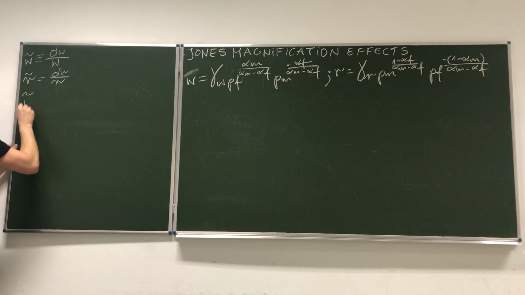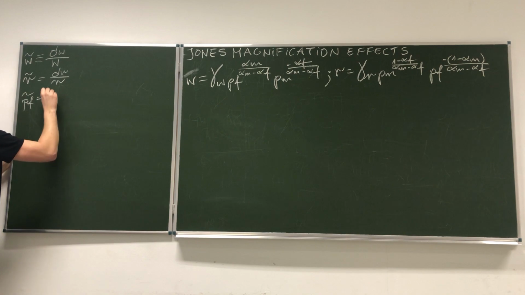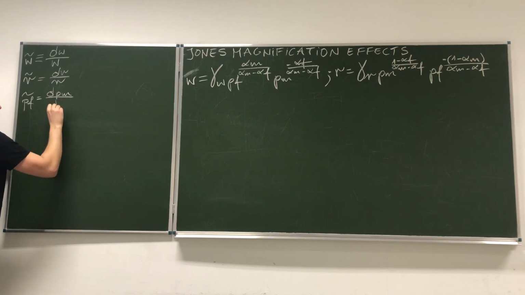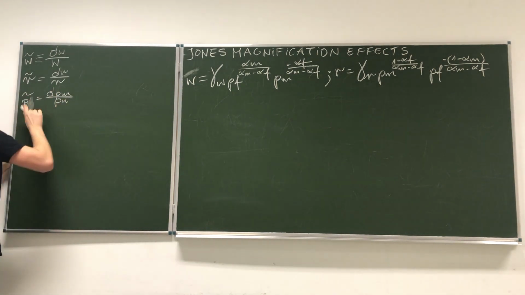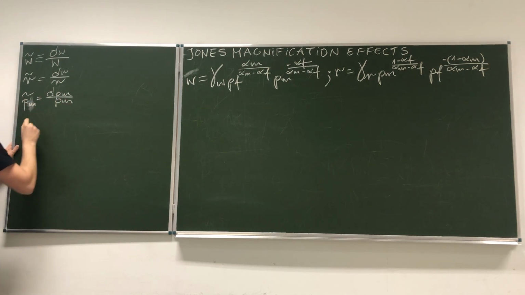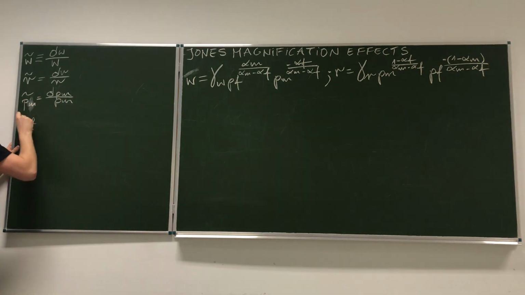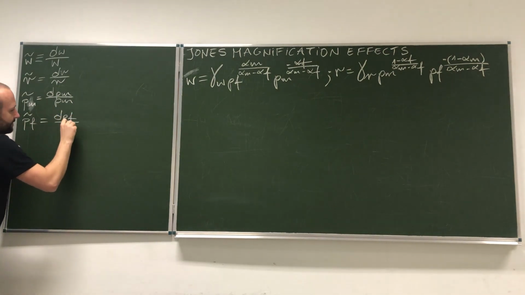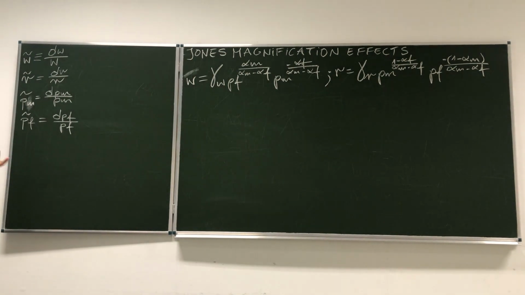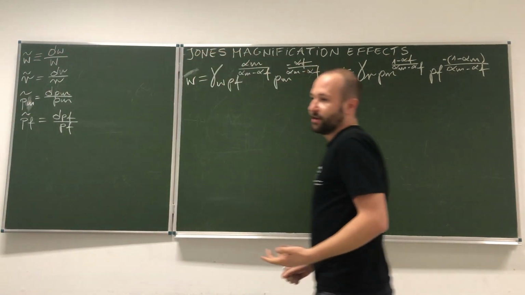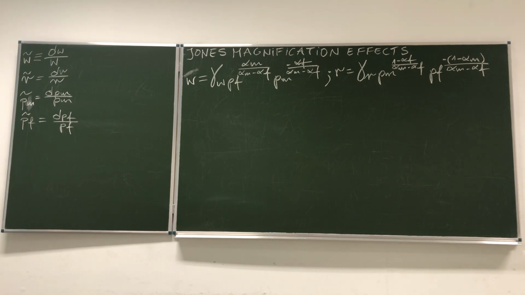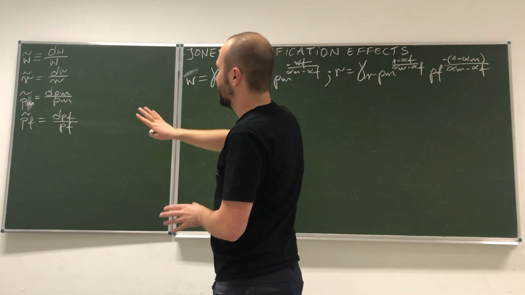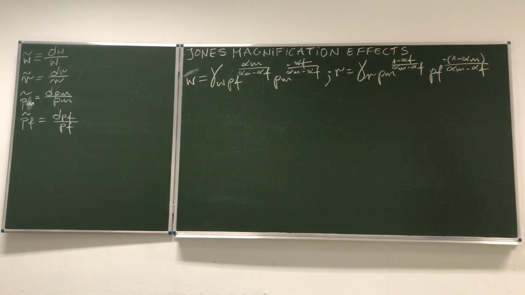Relative change in price of manufacturers is given by dPm over Pm, and relative change in price of food is dPf over Pf. And now what we're going to do is to figure out how those four relative changes are connected to one another. Okay, so let's start with wage.